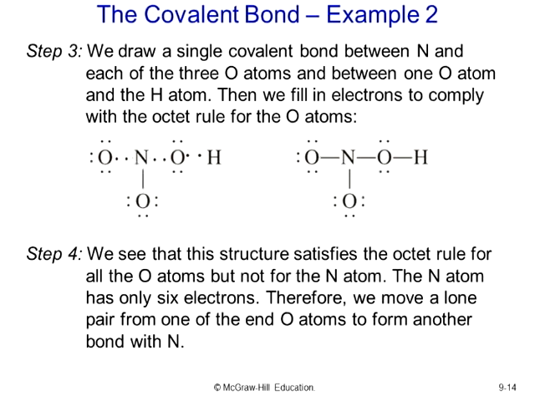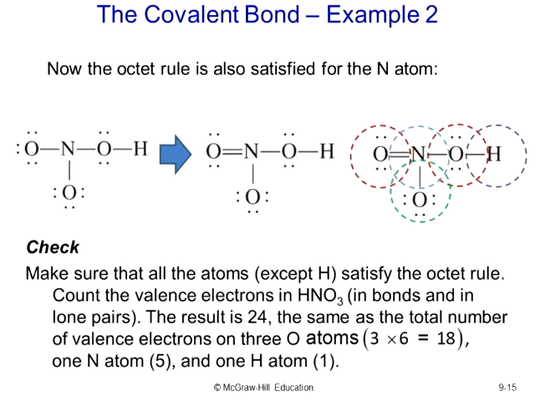Then we note where the lone pairs are in the structure. And then we start to inspect it to see whether or not we have the rule of 8. So once we get this preliminary structure drawn, our next step tends to be to look for fulfillment of the octet rule.